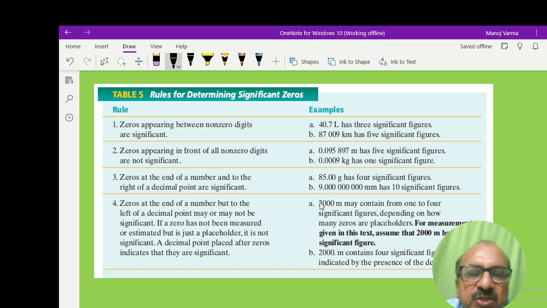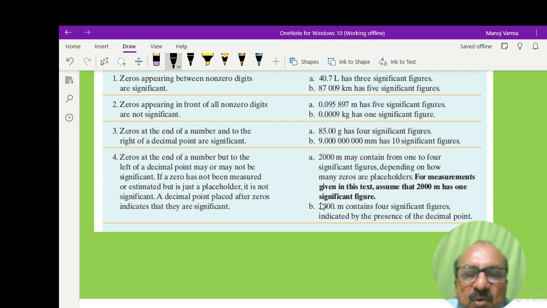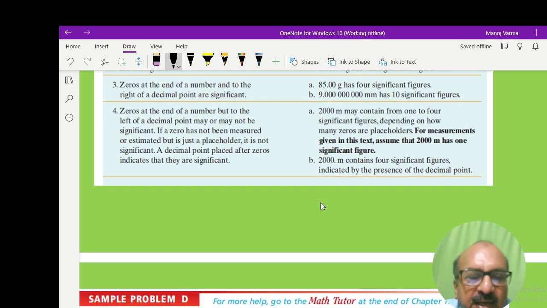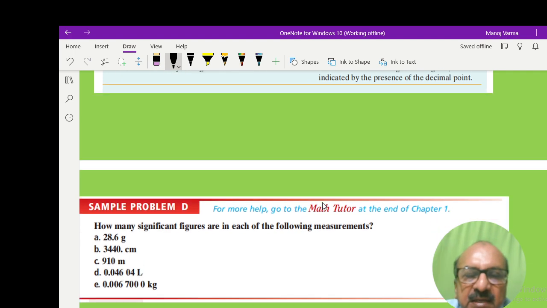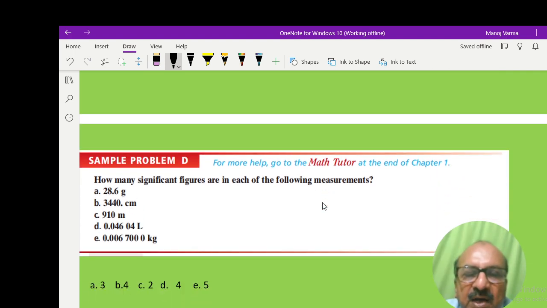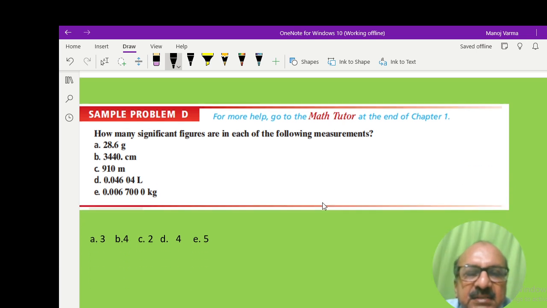If there are non-zeros, then all the non-zero numbers are significant, so there is no problem about that. Okay, so we can just look at a few problems to further understand the concept behind the significant figures. For example, if you look at this, then how many significant figures? I think it is easy to decide.